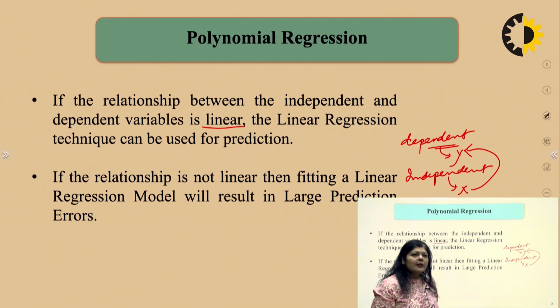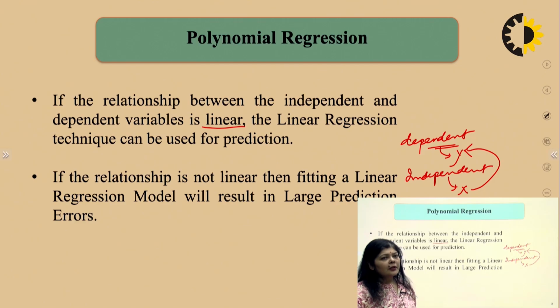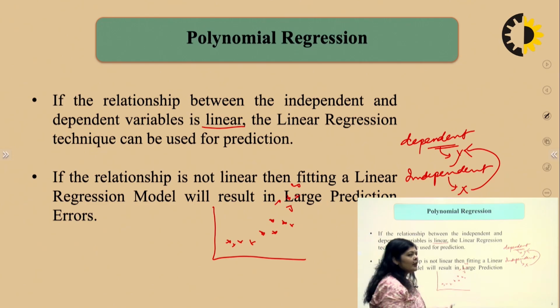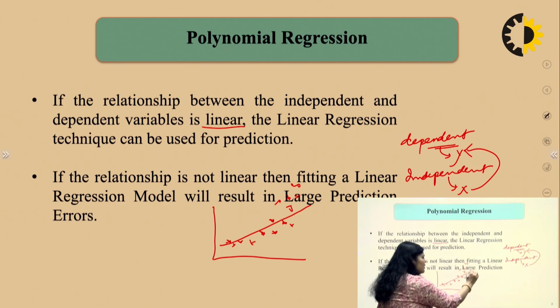Now, what happens if the data is not showing any linear relationship with respect to the variables it has? For example, if I have some data set where the relationship between the dependent and independent variable is not linear, we are going to have this type of data set, and as you can see, nobody can stop us from fitting a straight line over this.